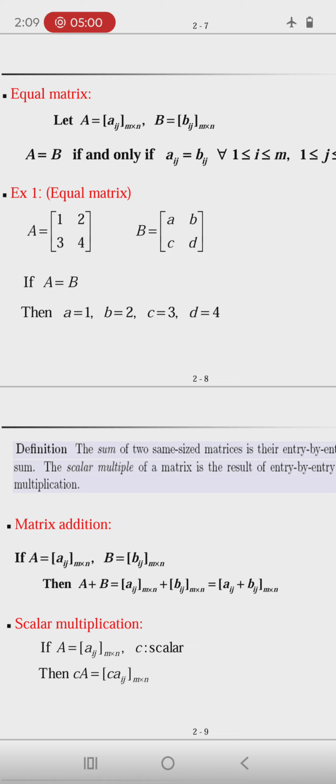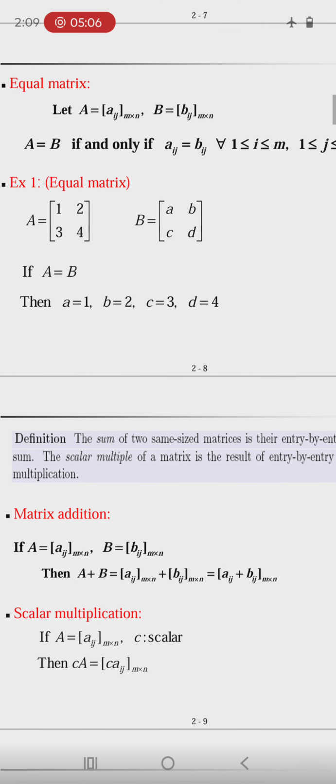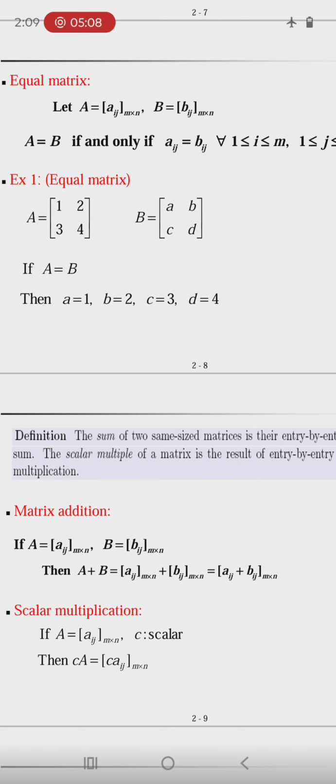Then an example of equal matrices. The A matrix is 1, 2, 3, 4. The B matrix is a, b, c, d. These two matrices are equal, A equal to B. Then the entry values are equal. The first entry value 1 equals the B matrix first entry value a, that is, a equal to 1.